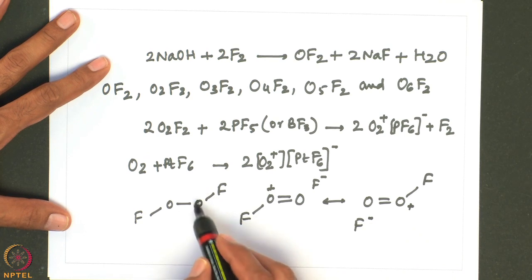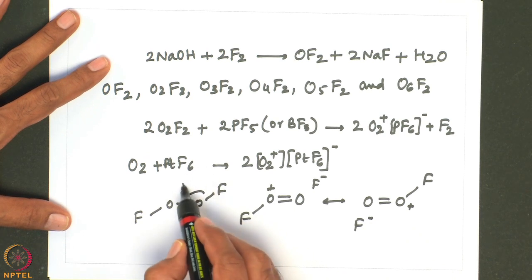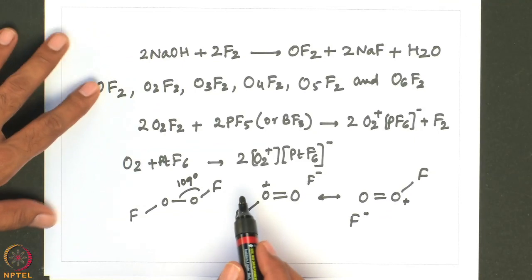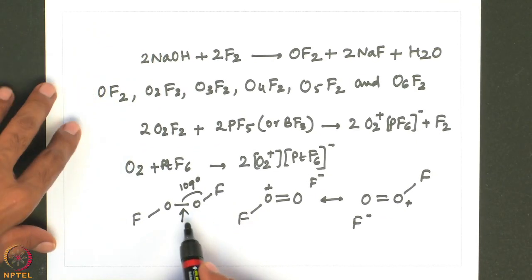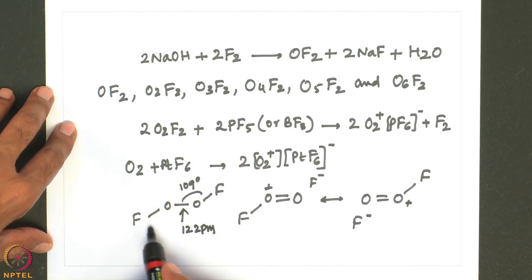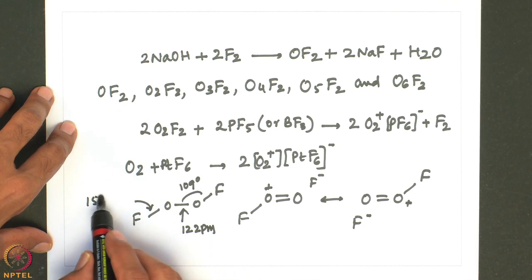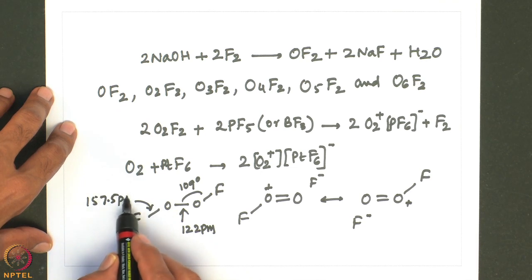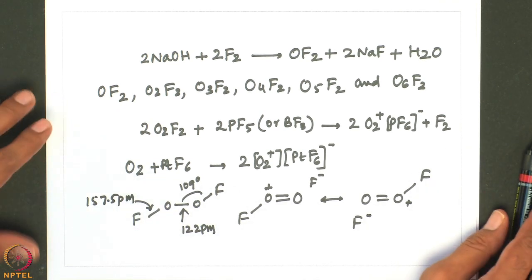And here this angle is 109 and this OO bond distance is 122 picometer and this OF bond distance is 157.5 picometer. Okay.